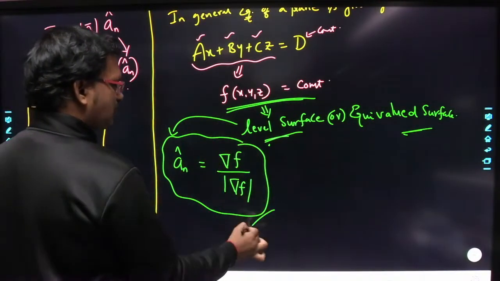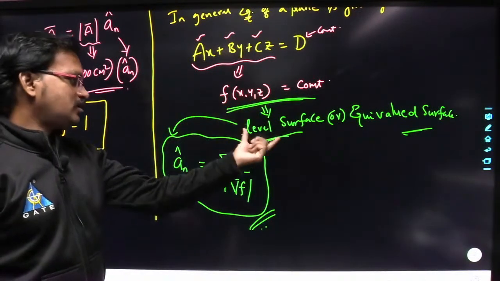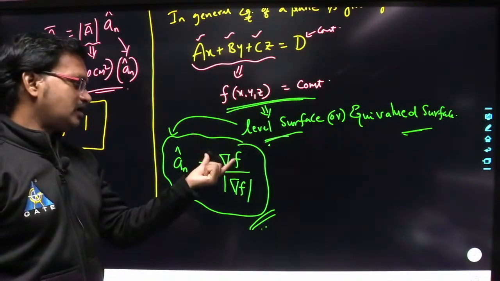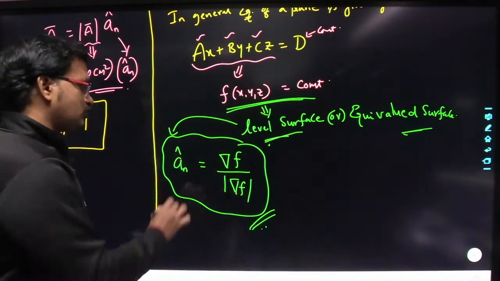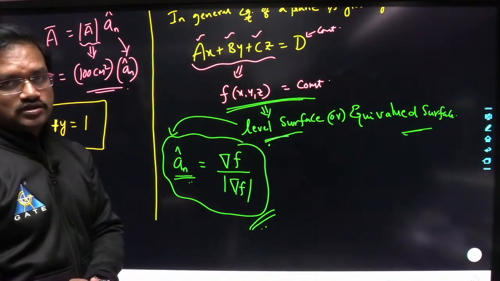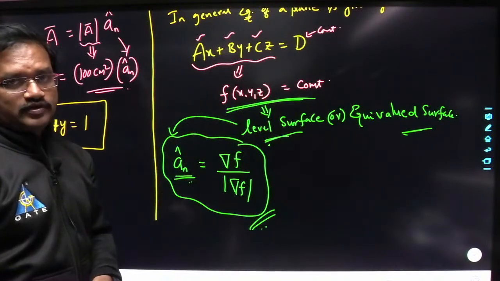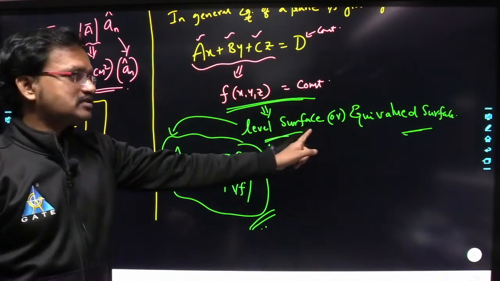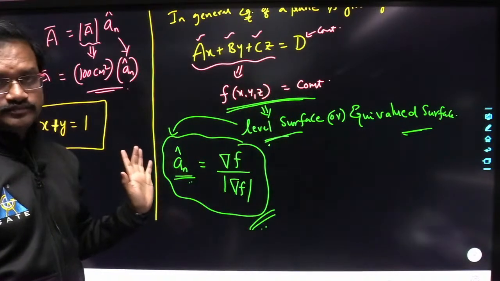For the given function, determine the gradient and divide by the magnitude of the gradient. That is going to give you the unit normal drawn to that surface, which is the direction of the given surface. That surface must be a level surface or equivalued surface. Only in this case is this valid, right?